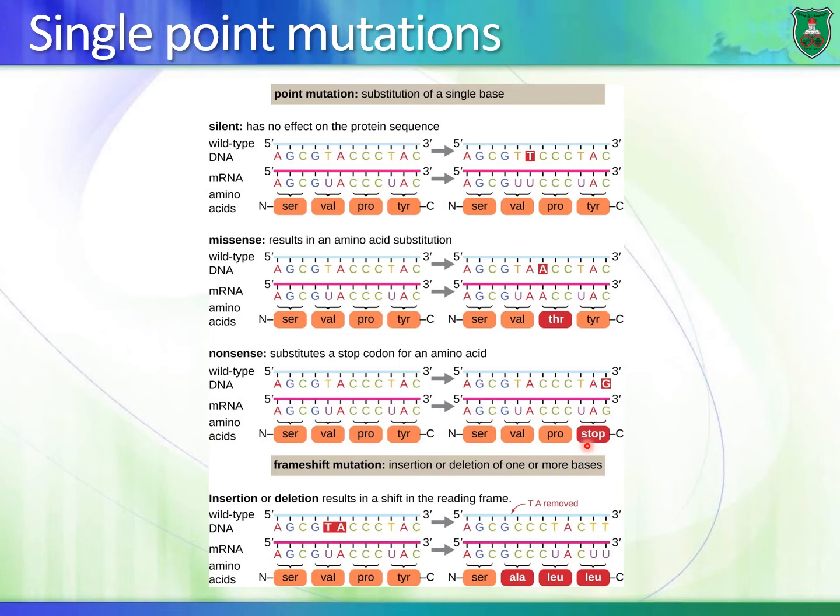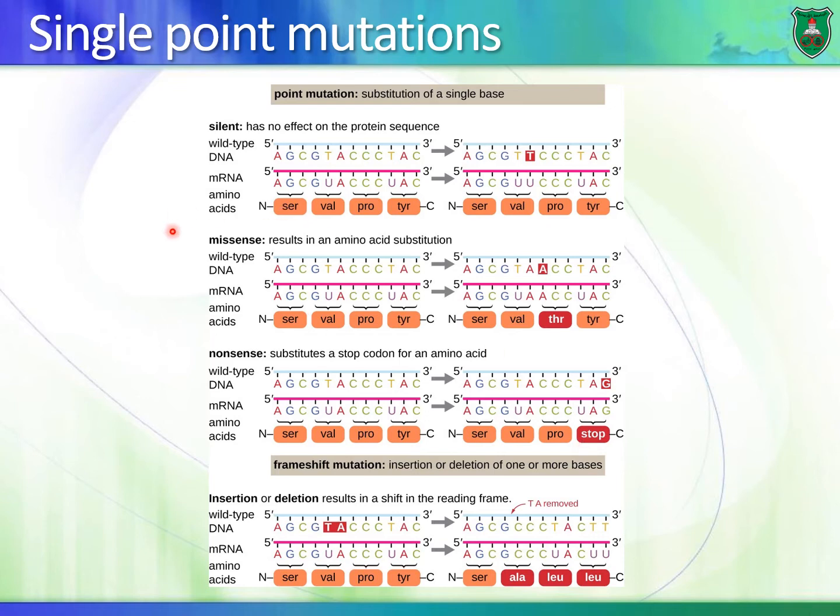That is a cut short protein, a smaller protein, and only the first part of the protein would exist. It depends on the gene and the protein, but that could cause a huge effect on cells.